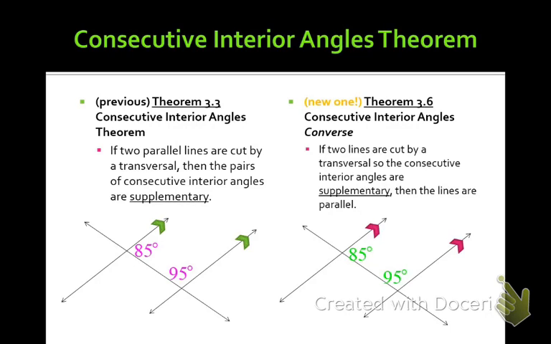So from before, from section 3.2, if the consecutive interior angles are supplementary, oh, sorry, that's not right. From 3.2, it was if the lines were parallel, then the consecutive interior angles would be supplementary. Now it's if the consecutive interior angles are supplementary, then the lines are parallel.